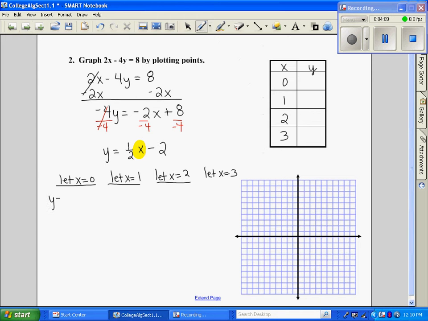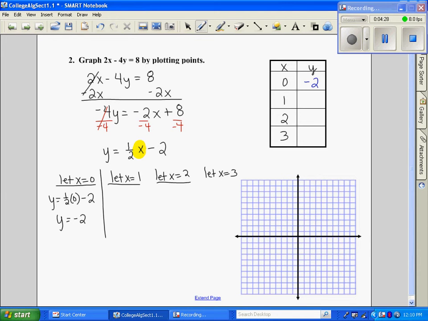So I have y equals 1/2 x minus 2. On this one I'm going to let x equal 0. 1/2 times 0 is 0, minus 2, so y equals minus 2. That means in my table over here, when x was 0, y was negative 2.